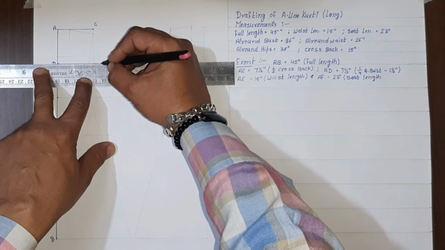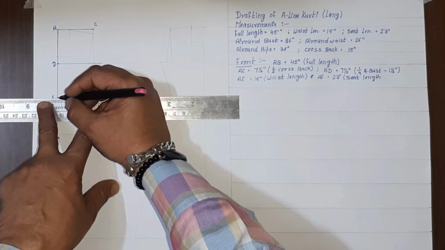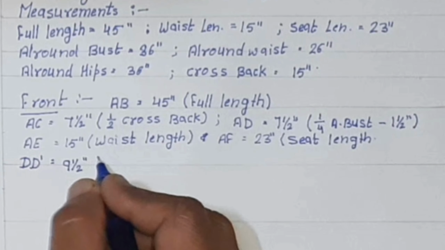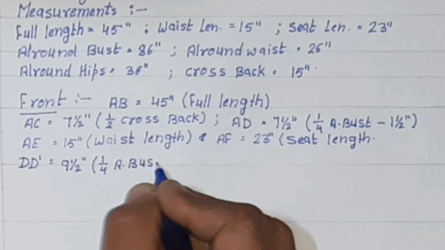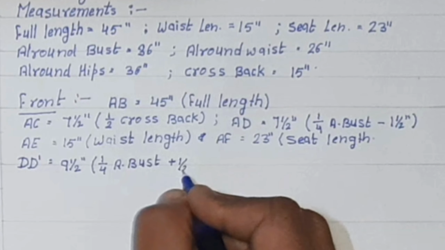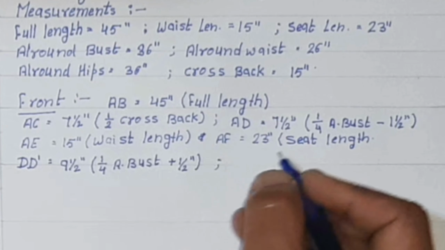Now we'll square out the points. From D, we'll square out D dash. From E, we'll square out E dash. And from F, we'll square out F dash. Right? So we'll mark it now. D to D dash is equal to 9.5 inches, that is 1/4 of the all round bust plus half inch for the ease.